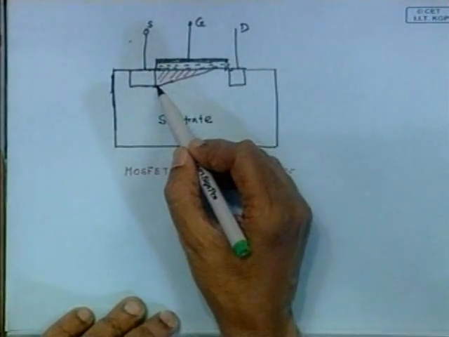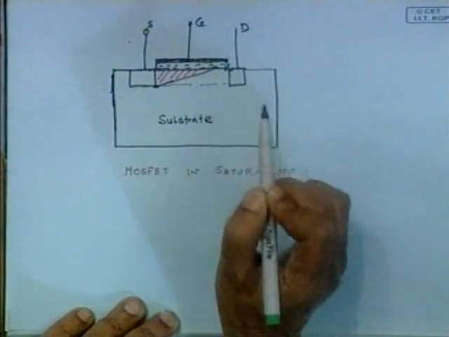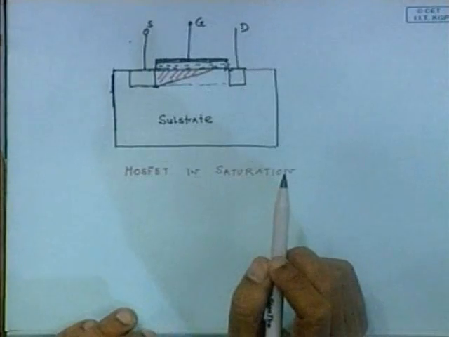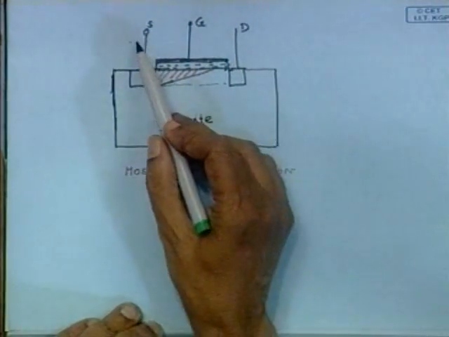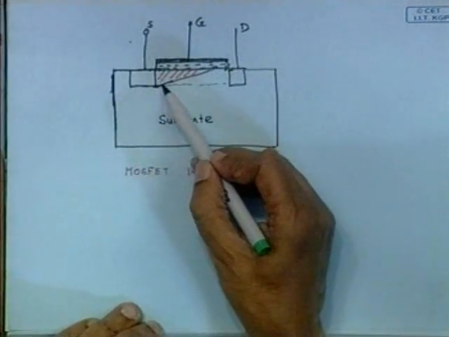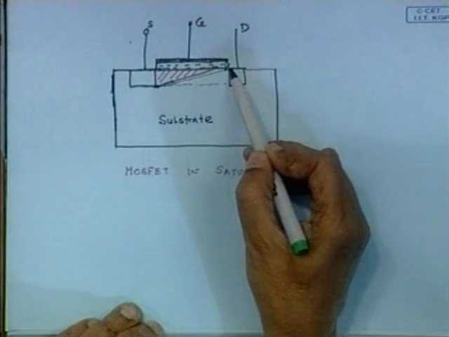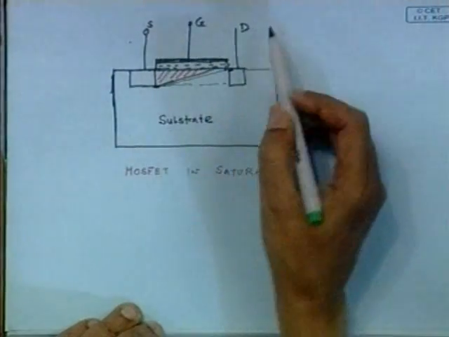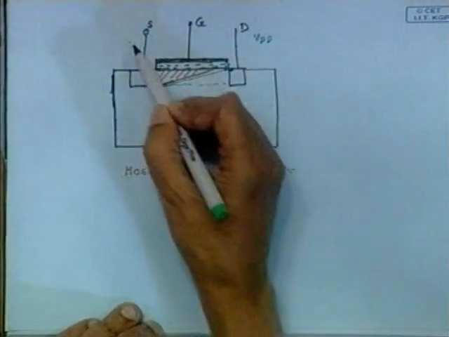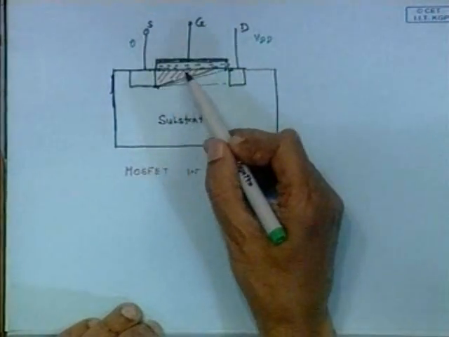Initially you will find that this entire region has a channel. Now, as I go on increasing the voltage, the channel will change, because the voltage here is dropping to 0 at this point, Vx, you take the difference. So, here it is VDD, it is 0 here. So, the difference here is like this. So, you have a channel like this.